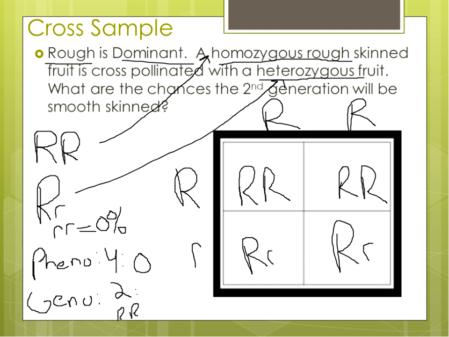How many big R, little r's do I have? Also 2. How many little r's do I have? 0. So the phenotype ratio would be 4 dominant to 0 recessive. The genotype ratio would be 2 to 2 to 0: 2 big R big R, 2 big R little r, 0 little r little r.